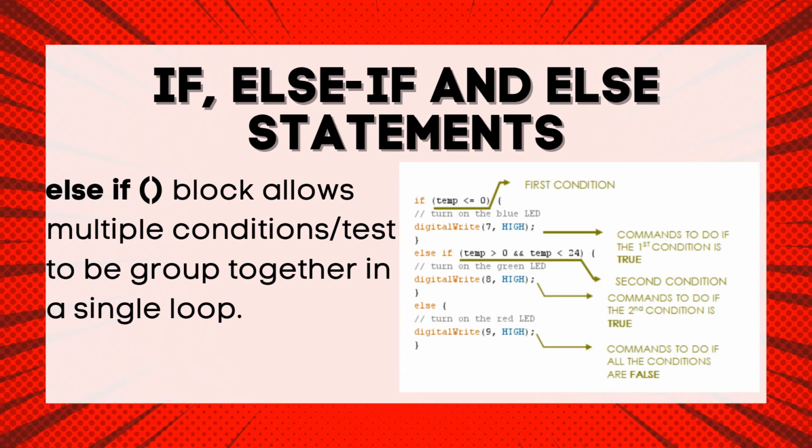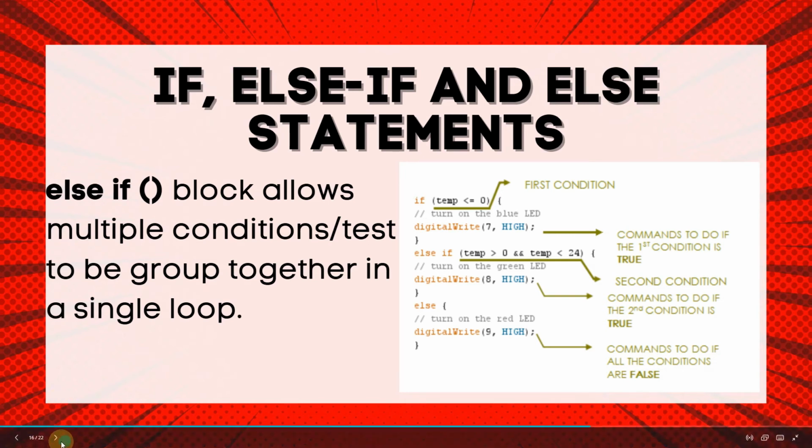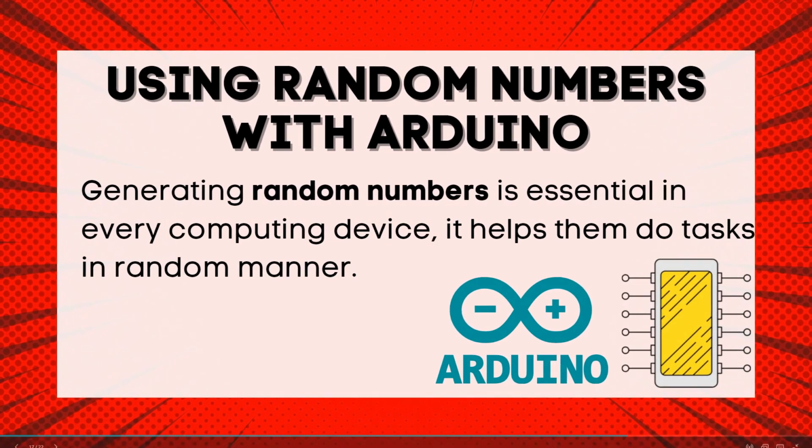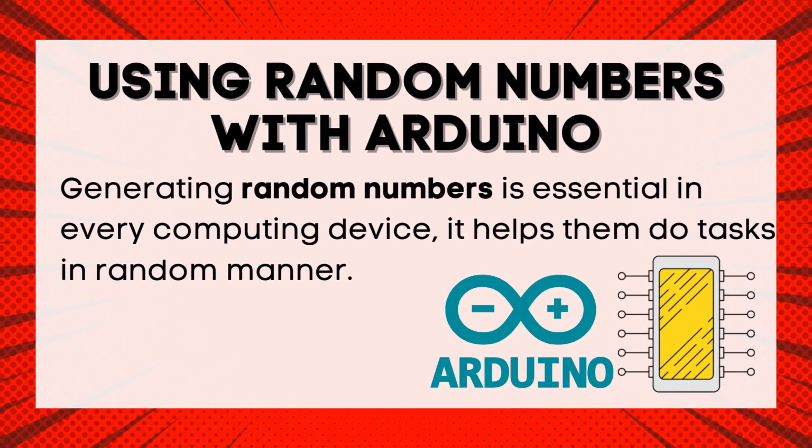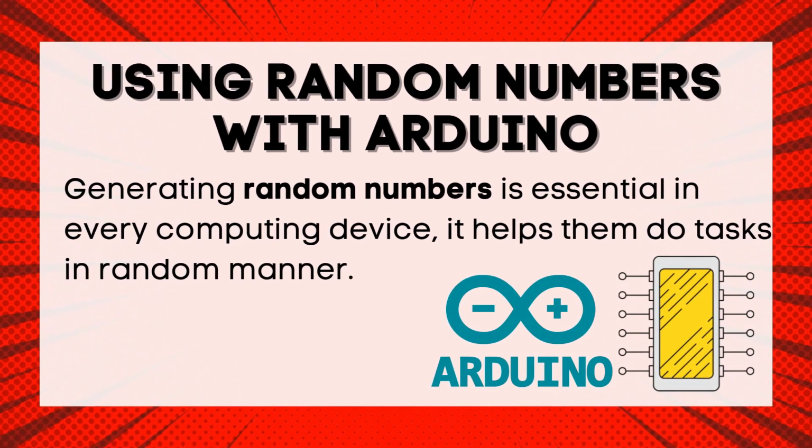If the reading is greater than 0 but less than 24 degrees Celsius, a green LED connected to pin 8 will turn on. If the reading is greater than 24 degrees Celsius, a red LED connected to pin 9 will turn on.